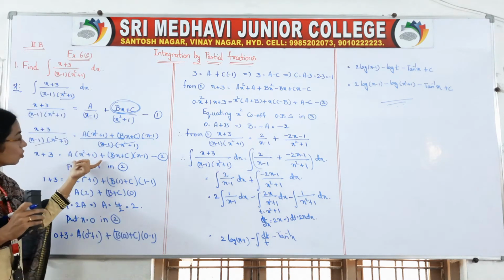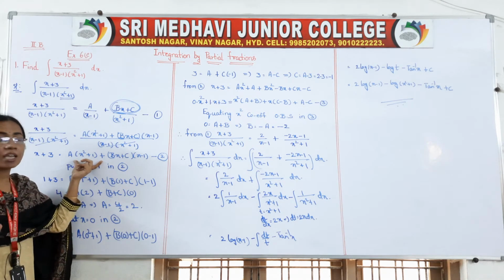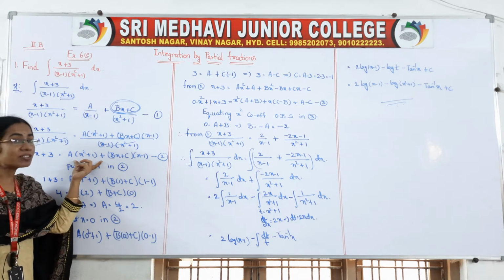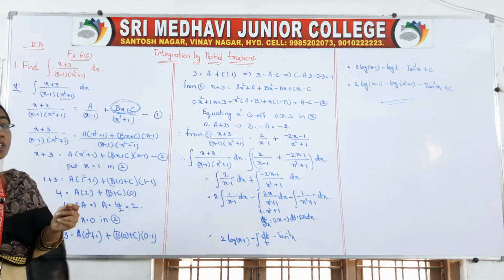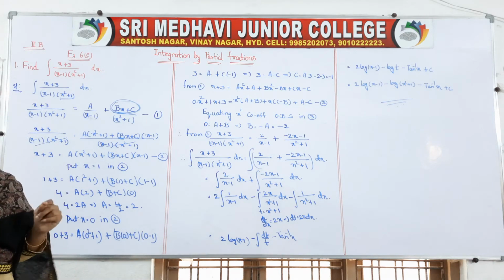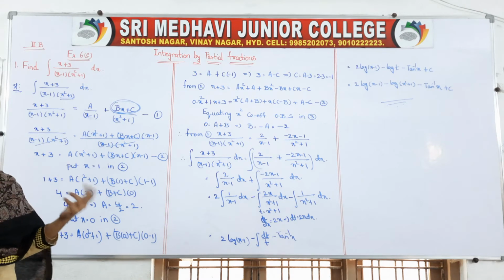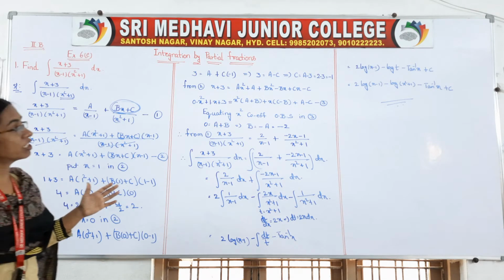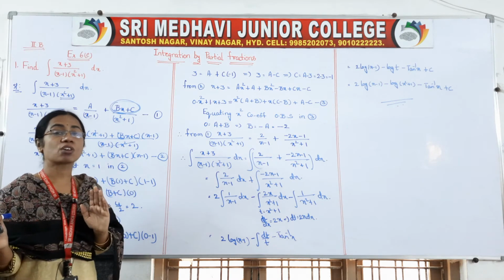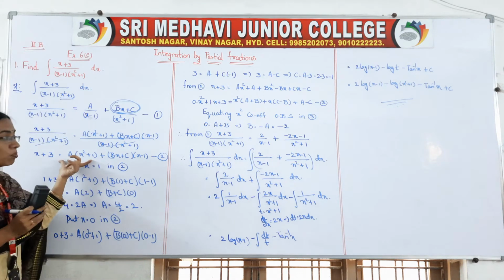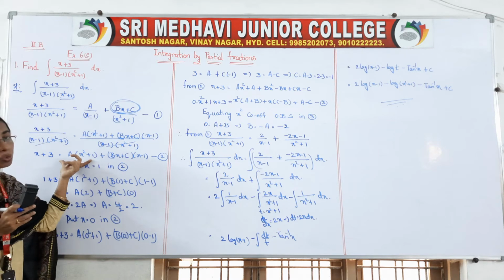After that there is no chance of substituting x values. In such cases, we want one more constant value, that is b. So how can we find b? In such cases, you just equate the coefficients of like terms on both sides of this equation 2.